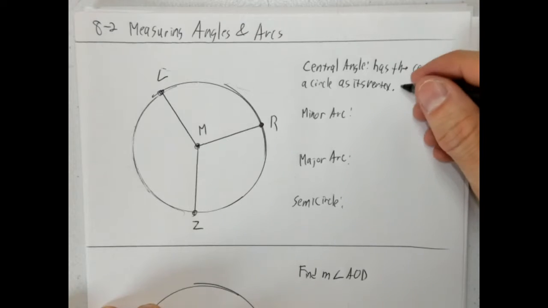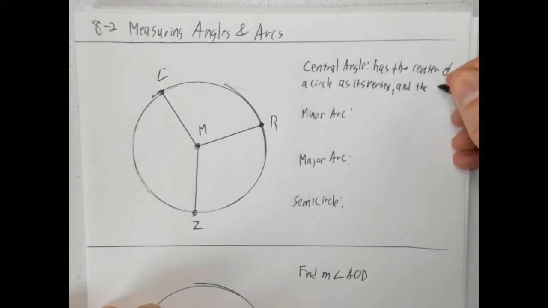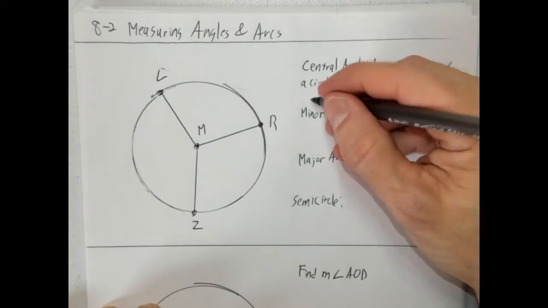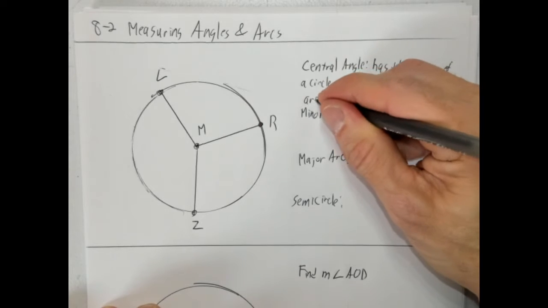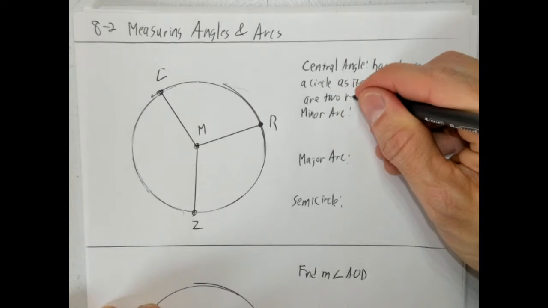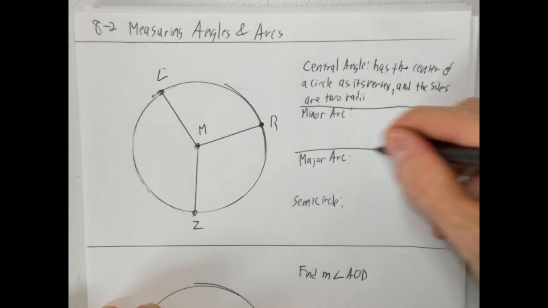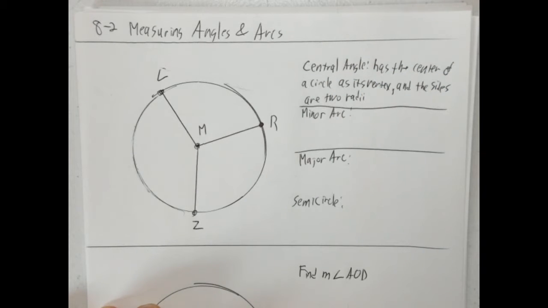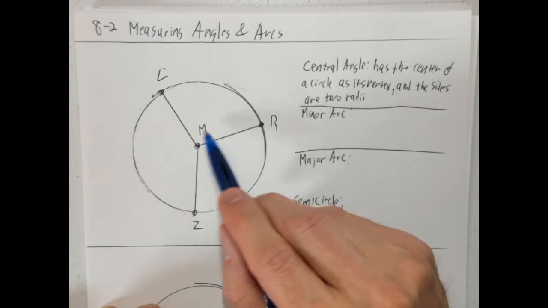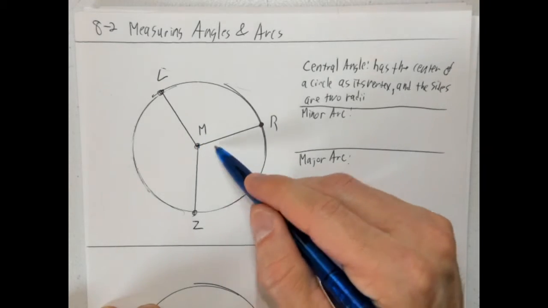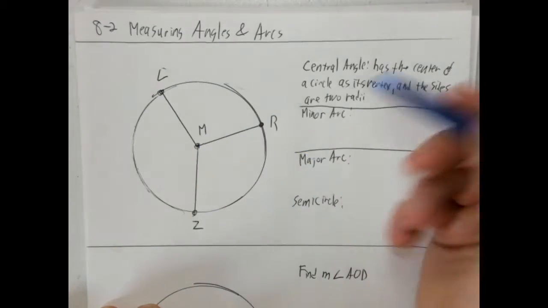And the sides are 2 radii. Here, I'm going to use a different color so it's a little easier to see. So you can see here that this would be a central angle, this would be a central angle, and this would be a central angle, which we'll show you.